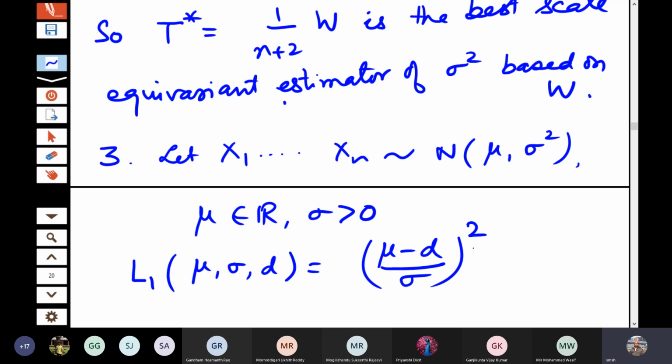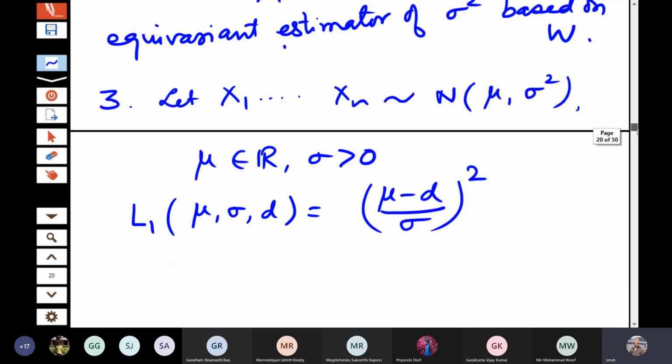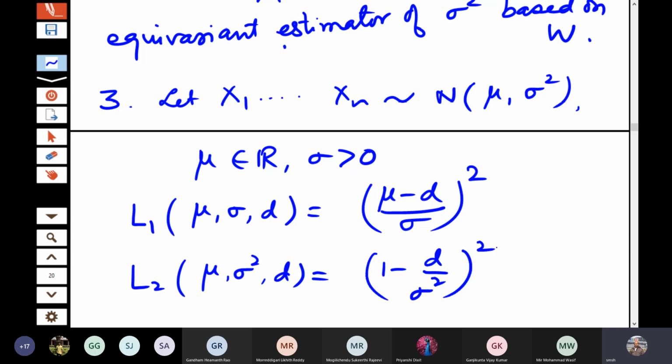You can consider this as the problem of estimating mu. And another one, I consider the problem of estimation of, say, sigma square, something like (1 minus d by sigma square) whole squared. That means the function which I wrote earlier, just in the previous case. So I am considering these two estimation problems if I have both the parameters mu and sigma square unknown.